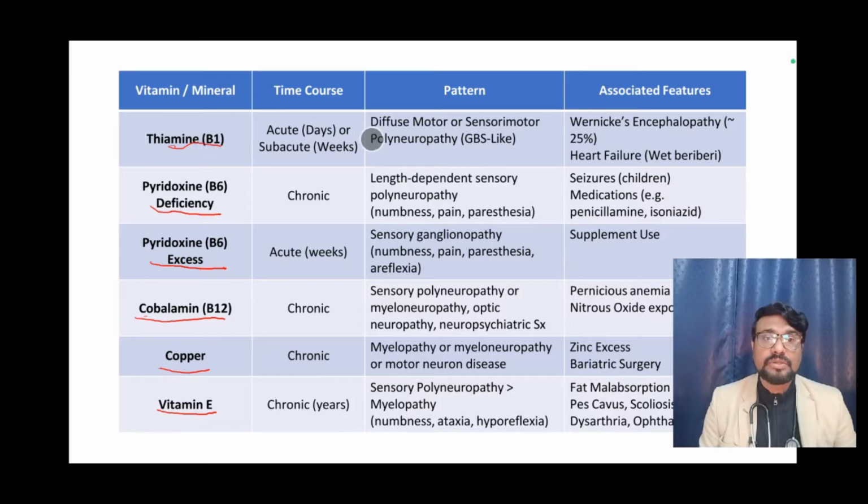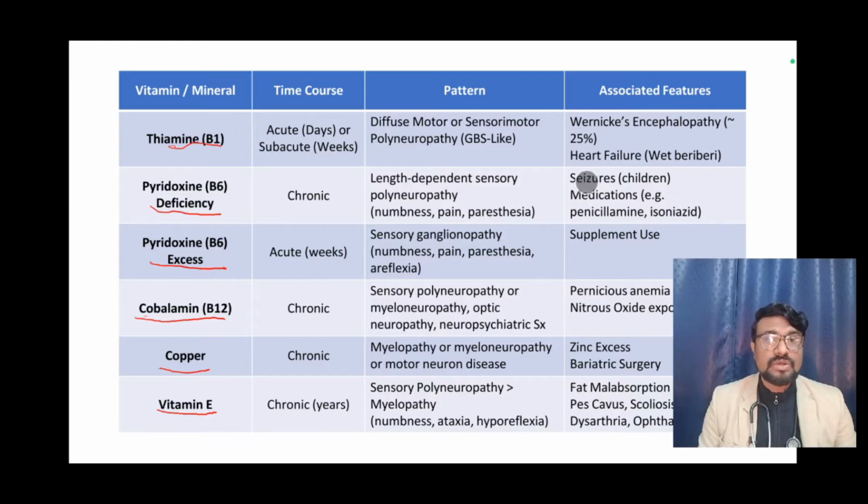Thiamine deficiency will lead to diffuse motor or sensorimotor polyneuropathies, GBS-like. Other associated manifestations of thiamine deficiency include Wernicke's encephalopathy and heart failure with very severe thiamine deficiency. Pyridoxine deficiency will lead to length-dependent sensory polyneuropathies with numbness, pain, and paresthesia.